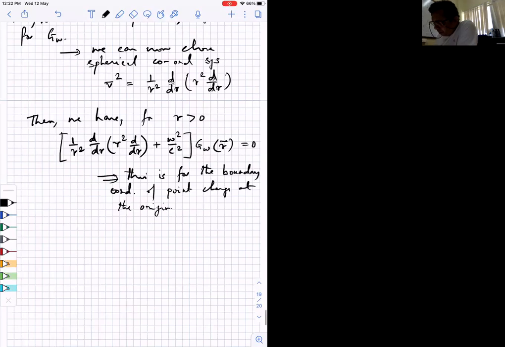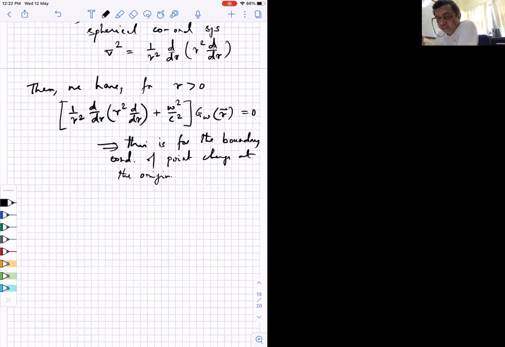Because remember, Green's functions are always for point charge, and over here we have chosen the point charge to be at the origin.